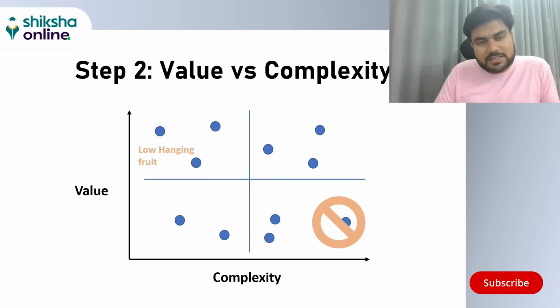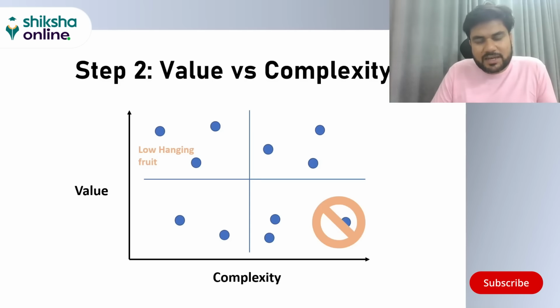In this graph we can see that there are four sections: the features that provide high value with low complexity, low value with low complexity, high value with high complexity, and low value with high complexity.